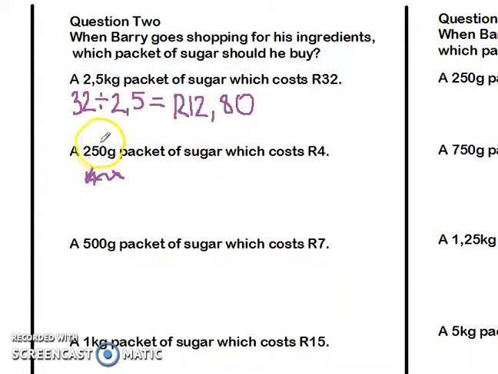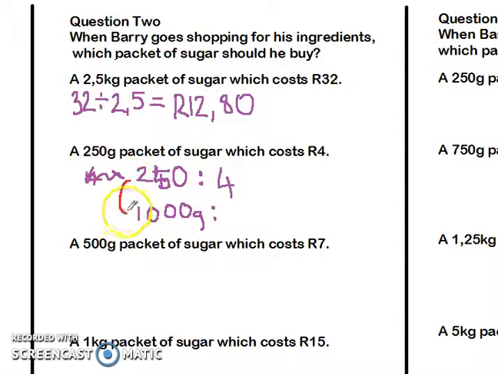So to change from 250 grams to kilograms, let's just write this as a ratio. 250 grams costs 4 rand, but we want to know what 1 kilogram, which is 1,000 grams, is when we change the price. What multiplied by 250 gives us 1,000? We're going to multiply it by 4. So what do we multiply 4 by?